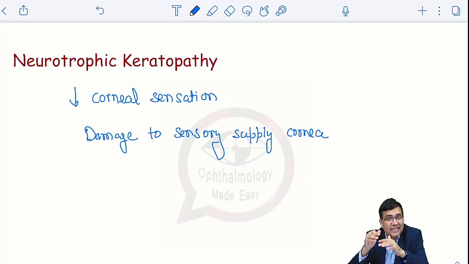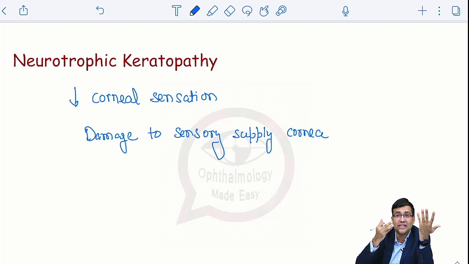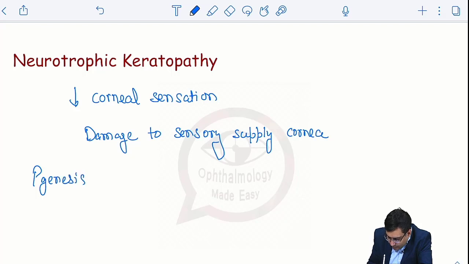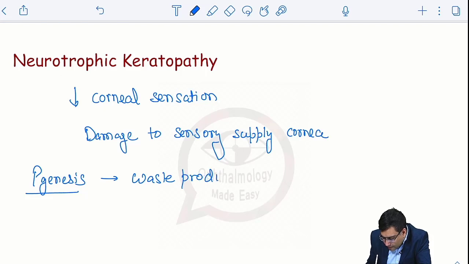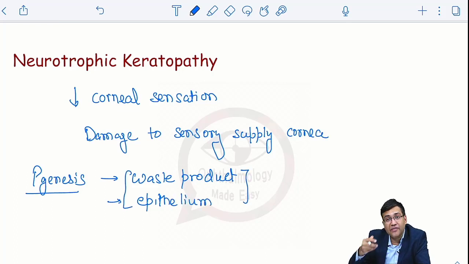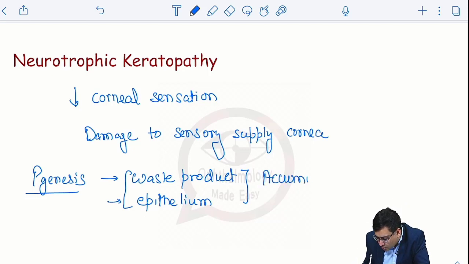Okay, so what this does is, because there is a decrease in the corneal sensation, any waste product or epithelium is not removed from the cornea, which is a damaged epithelium, and there is an accumulation of toxic products over the cornea.